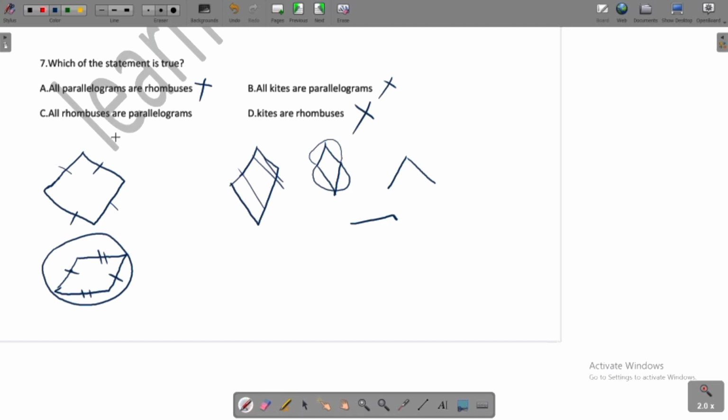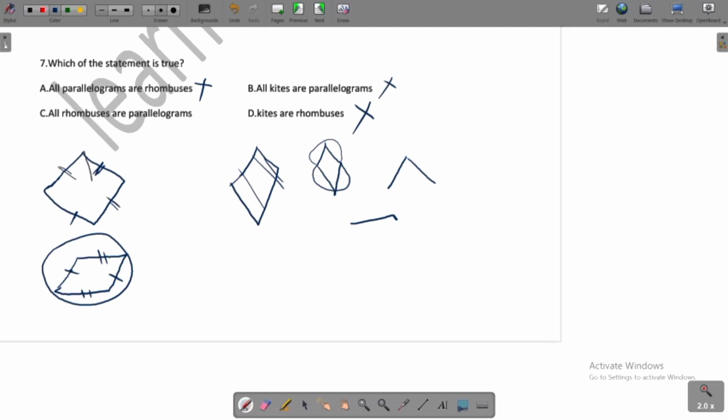That's option C. It's saying that all rhombuses are parallelograms. Yes, because we can have parallelograms that have two equal sides. This side and this side are equal. This side and also this side are also equal. So you have two opposite sides and two opposite sides.